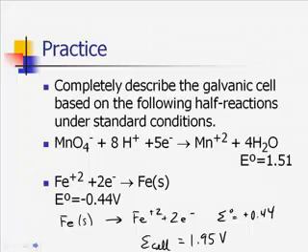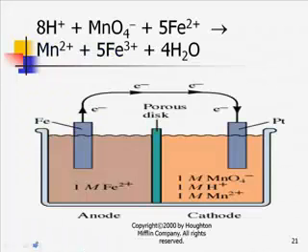Okay, and let's see how we're going to show this. This would be what we would show, and we would have that our E cell is 1.95 volts. Show the anode and the cathode. I have a solid iron electrode here with iron ions in solution.